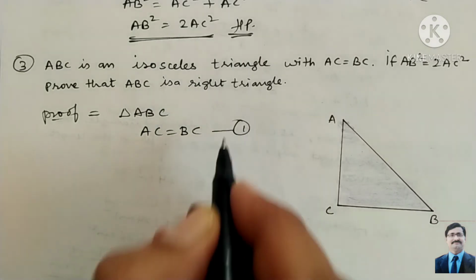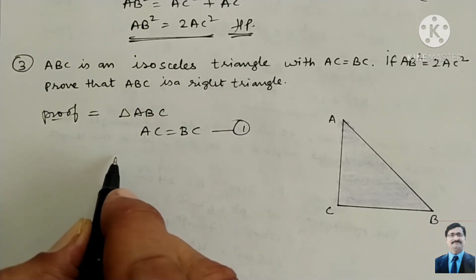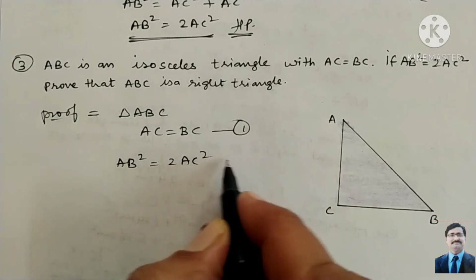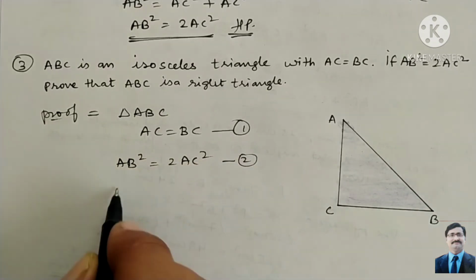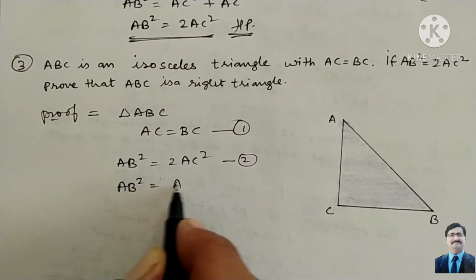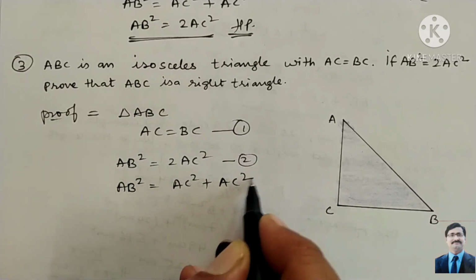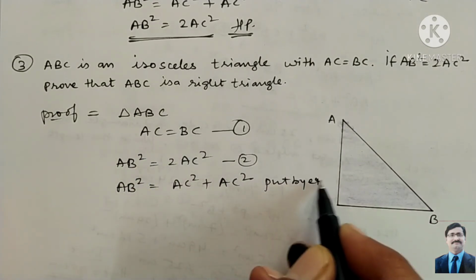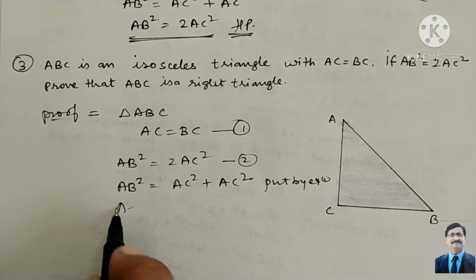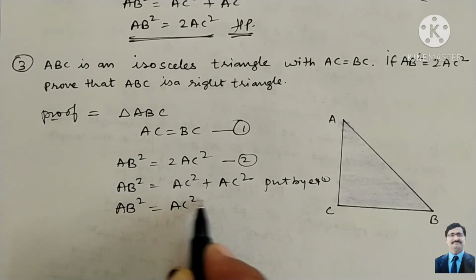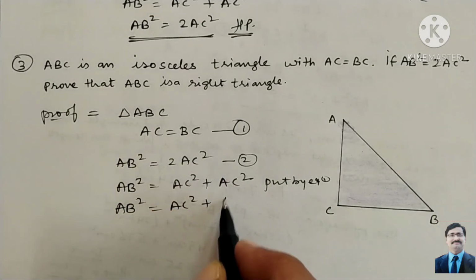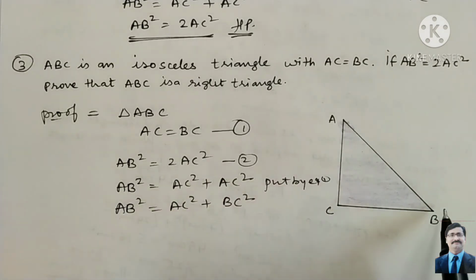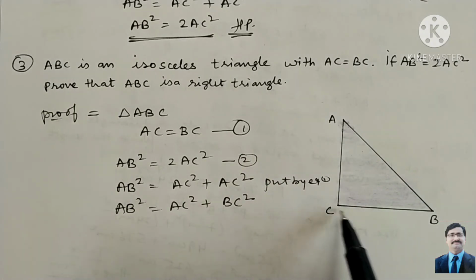This is equation 1, and second is given that AB square equal to 2AC square. So we can write AB square equal to AC square plus AC square, and in place of one AC put BC by equation 1. So AB square equal to AC square plus BC square.